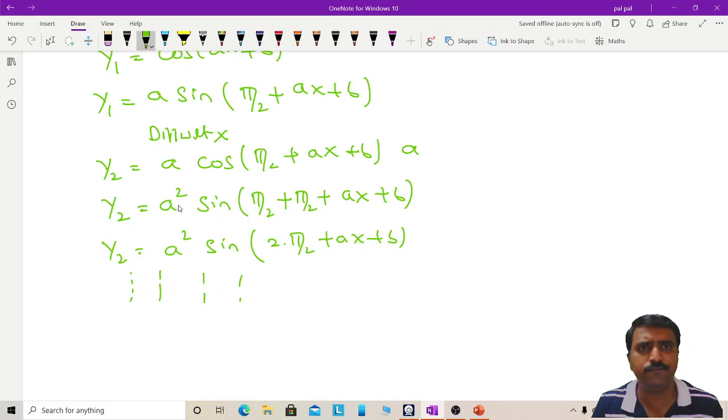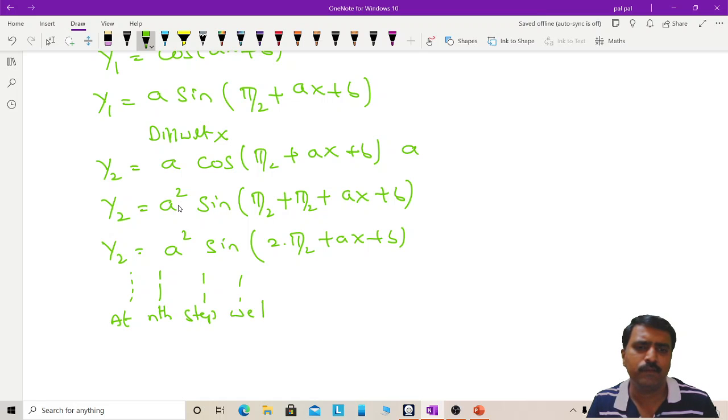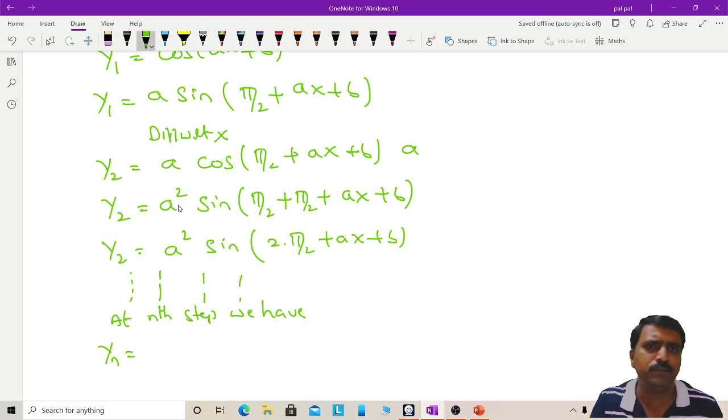We can generalize after finding y3, or we can generalize even from y2. How is it? At the nth step we have yn equal to, so you see in y2 there is a power 2.